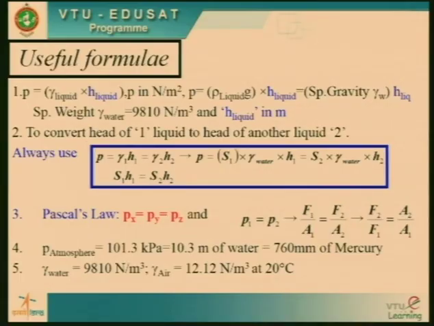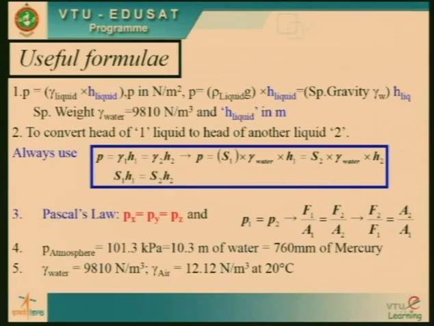Is it okay? At the same time, I would like to remind you of a very important constant. One we have already discussed, the gamma of the water, which is 9810 Newton per meter cube. One more is the atmospheric pressure. We are going to use this because sometimes in the numerical they will ask you to give the answer in gauge pressure.